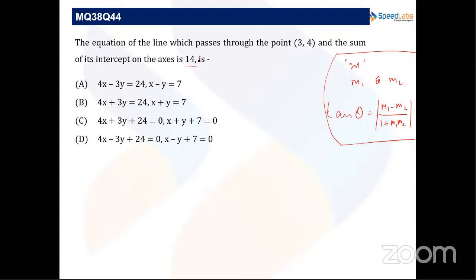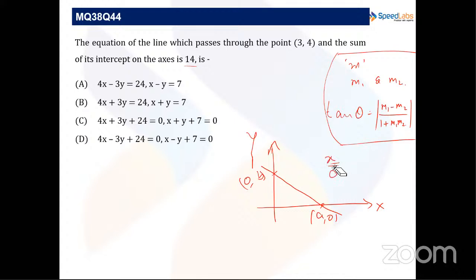So we know that if we have some straight line, such that it makes the intercepts a and b, the point will be a comma 0 and this point will be 0 comma b.